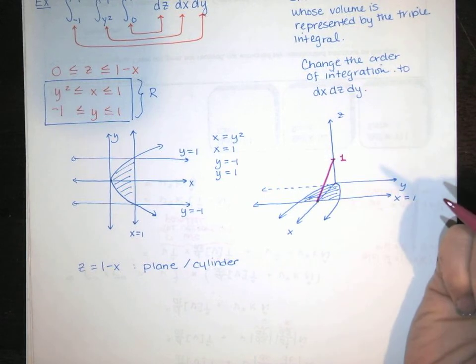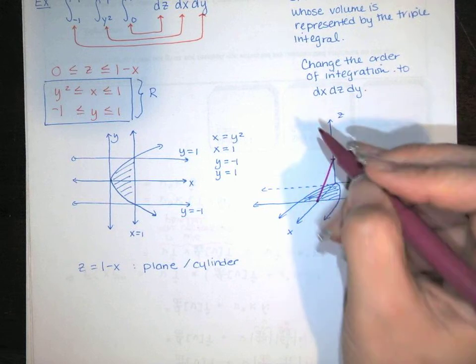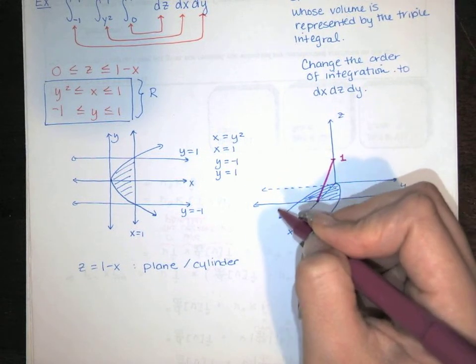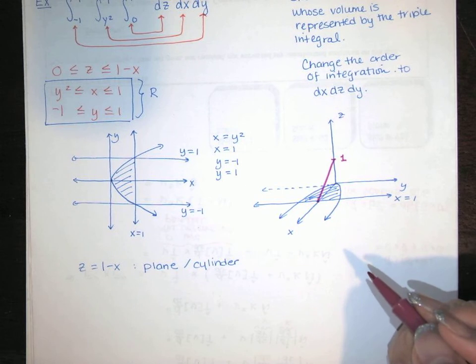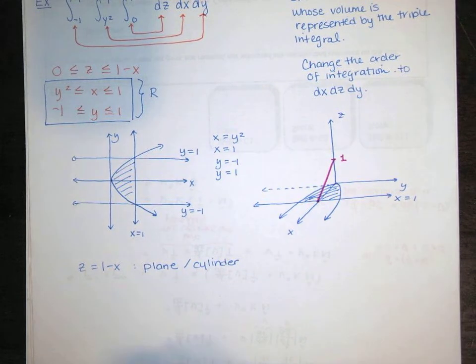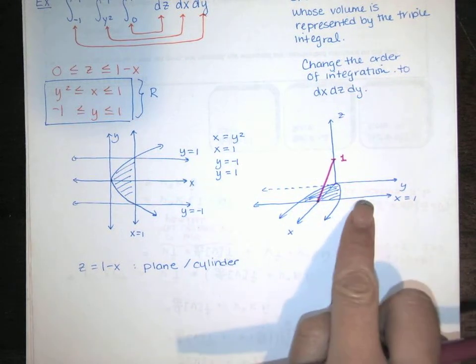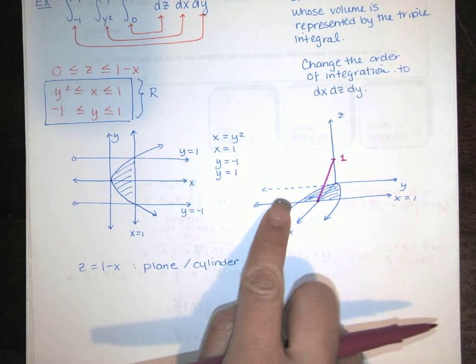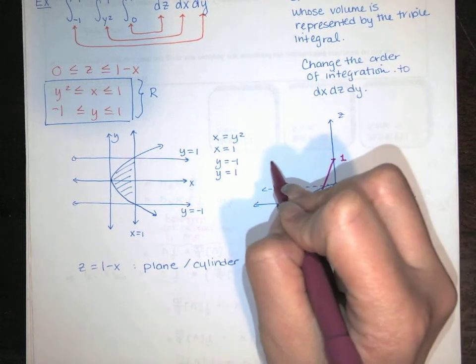So that's the part of the plane that we would see. This plane actually extends back behind the yz plane and below the xy plane. But the part that we would see, where x and z are positive and y can be positive or negative, looks something like this.